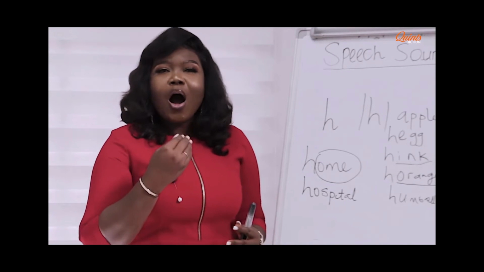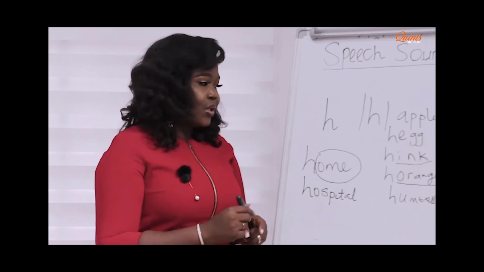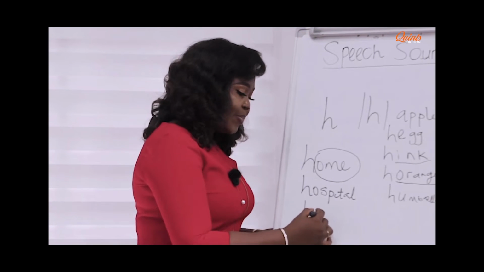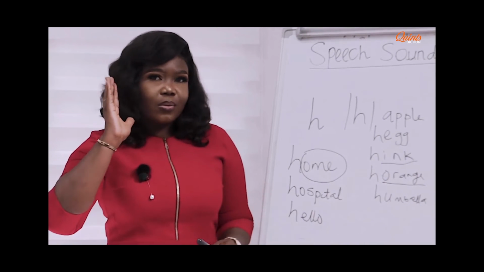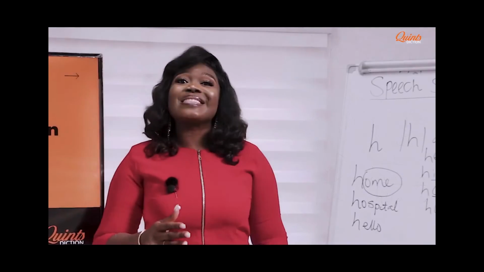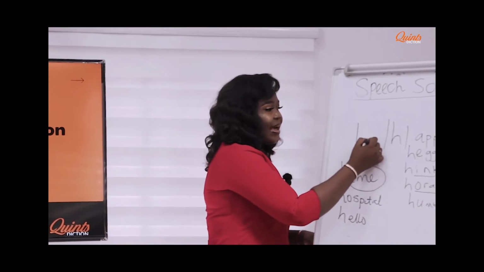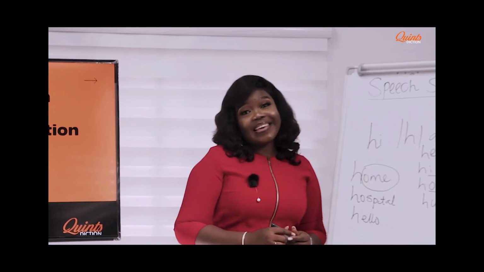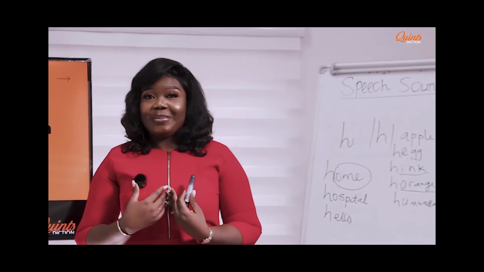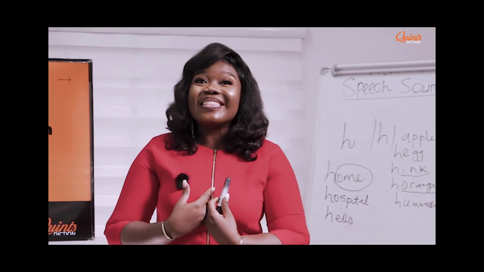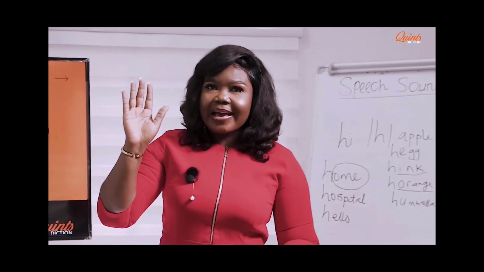No, it's hospital. You take the phone and you hear many people over the phone say, 'ello, 'ello. Where is the H? It's not 'ello, it's what? Hello. Some people want to say hi, they say what? I. As if they're saying I when they intend to say hi.